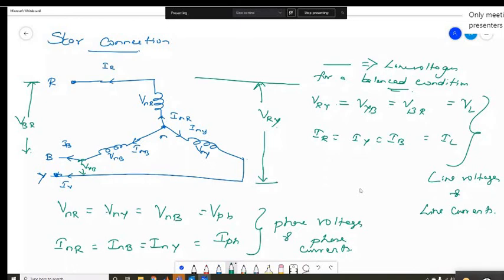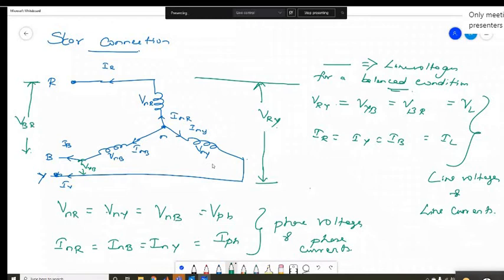In the balanced condition, when the load connected to these three terminals is identical, we call this a balanced condition. During this, VRY, VYB, VBR are all equal, and in the same way VNR, VNY, VNB are also equal. So we are giving a common name VPH denoting the phase voltage and IPH denoting the phase current, and VL denoting the line voltage and IL denoting the line current.